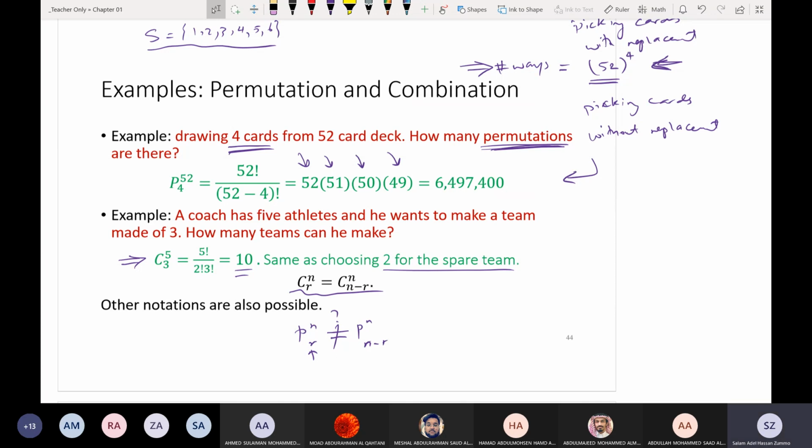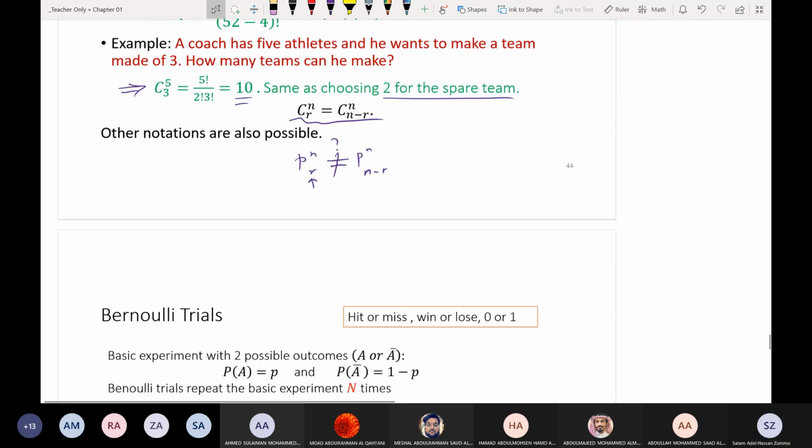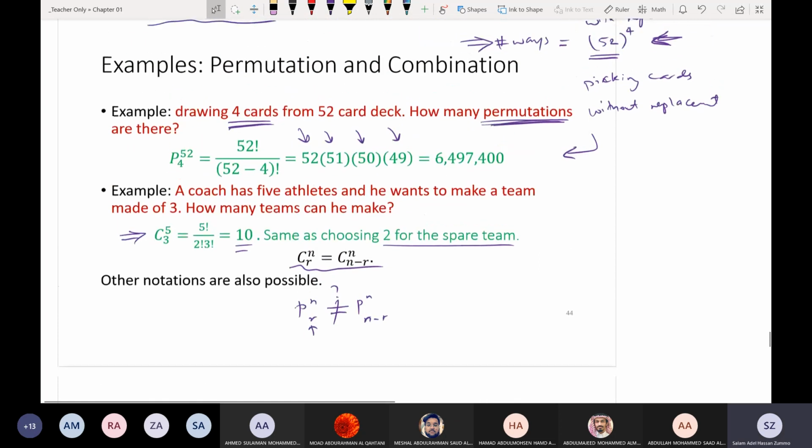Second, do you know the difference and where to use permutation and combination? Both are used when we ask the question without replacement. Permutation is when order is important. Combination is when order is not important. It doesn't matter whether Abdullah is goalkeeper or defense. Any question, guys?